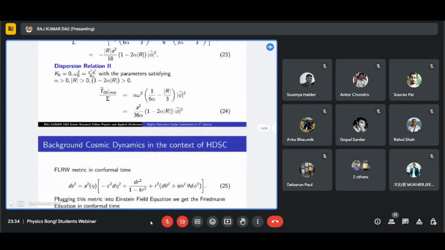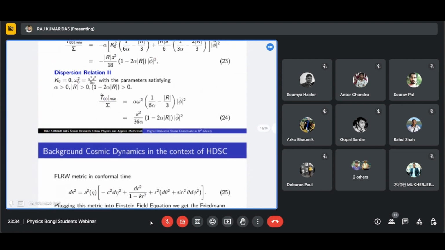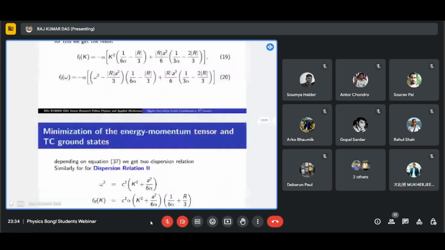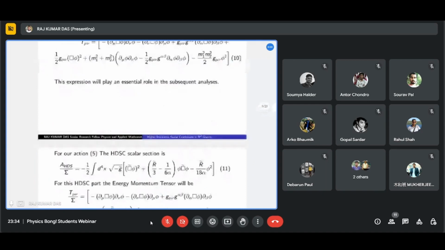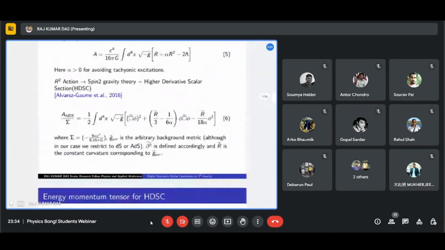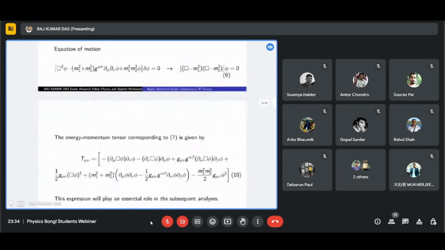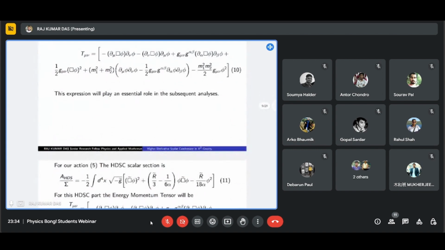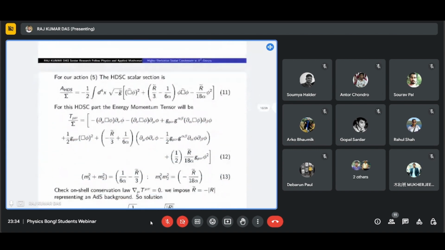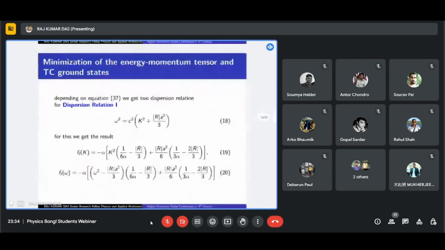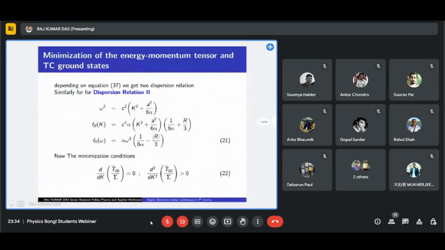Okay, now we will study the background cosmic dynamics in the context of HDSC. We have shown here the extra scalar degree of freedom, so this is our HDSC sector. First of all, we evaluated the energy momentum tensor for this Lagrangian, and we did some serious Fourier transformation to evaluate the minimization energy condition, where we get two dispersion relations.